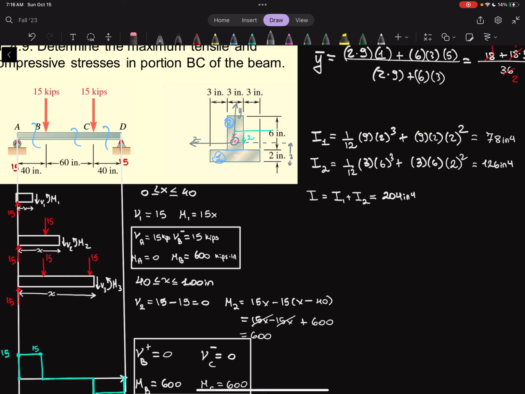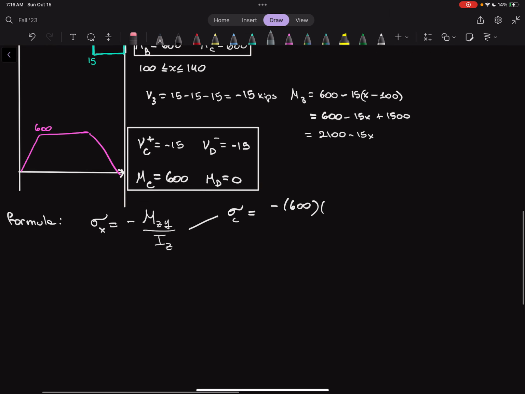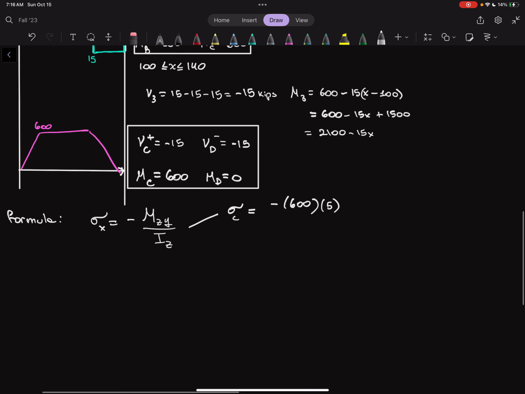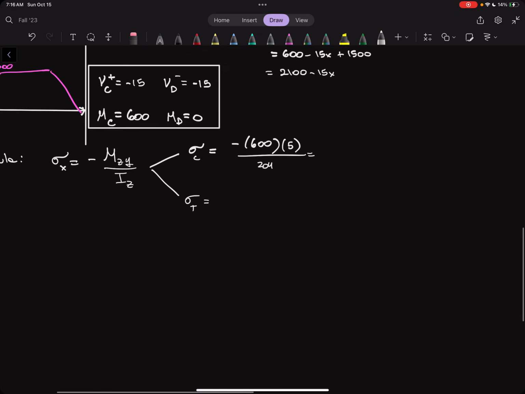Well, we need to get to 2 plus 6, which is 8. So we need 5 more, so we're 5 away from the top. And then we're going to divide by 204. And then for tension, we're going to go to the bottom, which is 3 away.